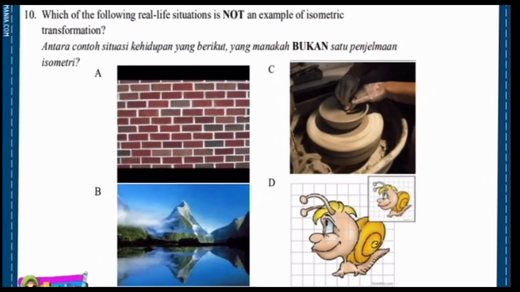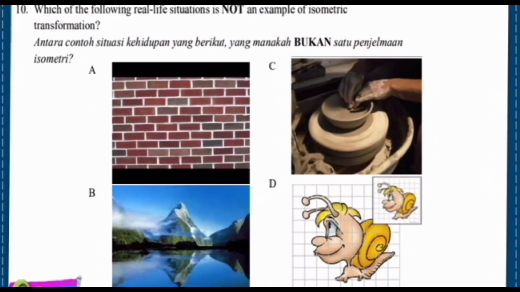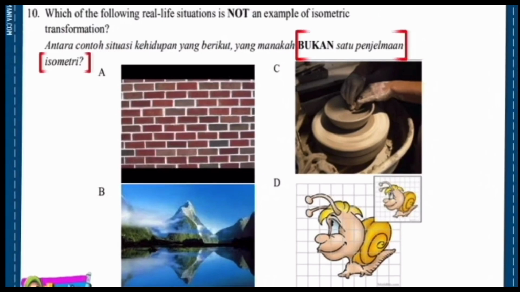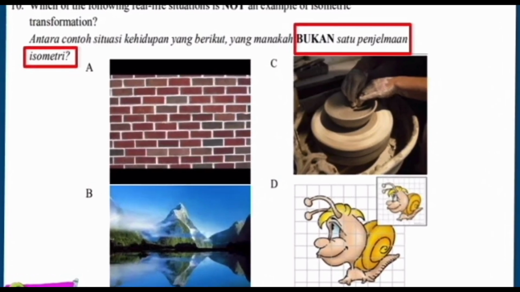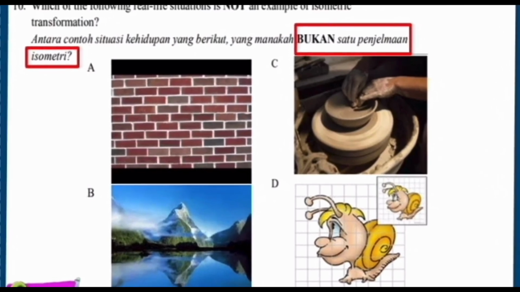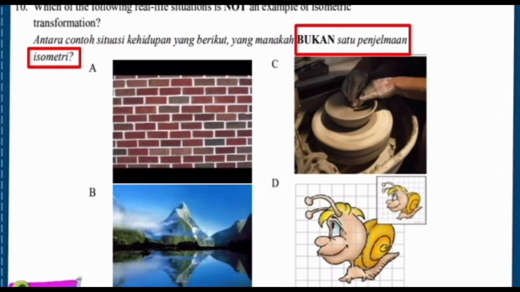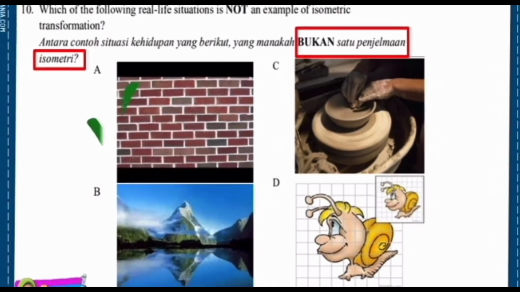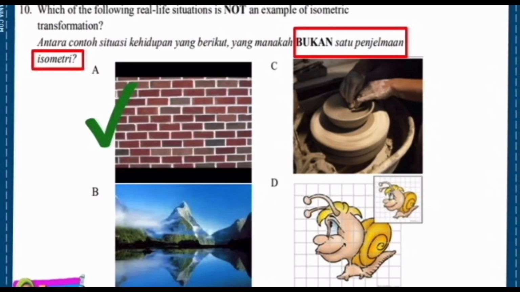Which of the following real life situations is not an example of isometric transformation? When we look at this, we try to study the diagram carefully. A seems like it is isometric, right?